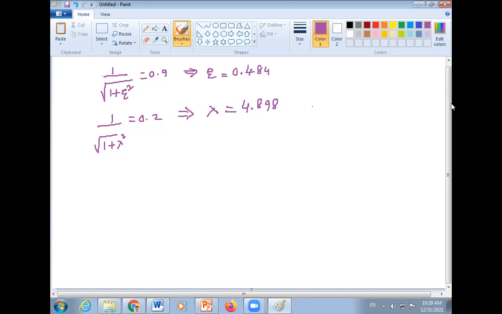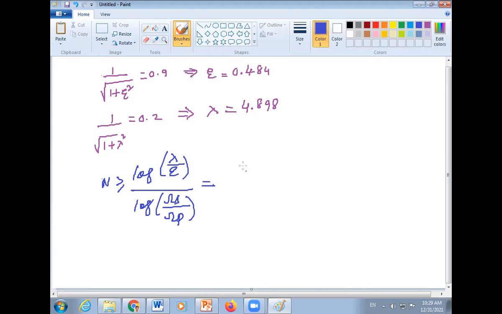So we know the formula for calculating the order in terms of lambda and epsilon, so we'll use that here. n is greater than or equal to log of lambda by epsilon divided by log of omega s by omega p.